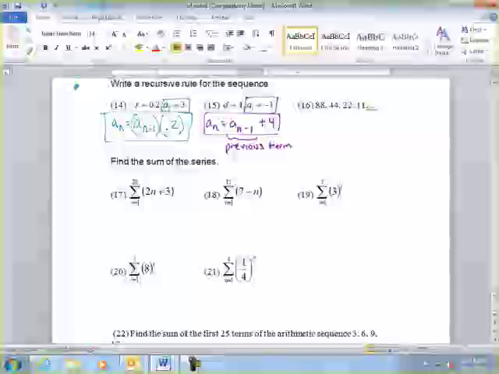So for recursive sequences, is it always going to be a sub n equals a sub n minus 1 and then either multiplied or added? Yep, that first part will always be the same, and then for R, we multiply, and for D, we add. That's all it is?